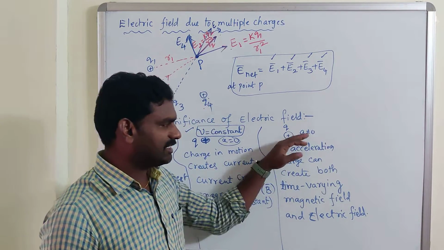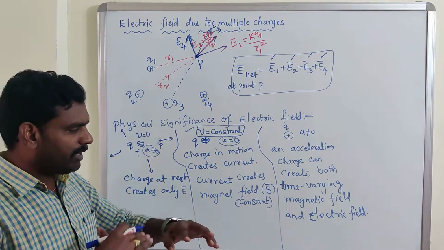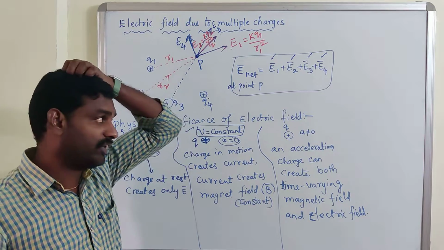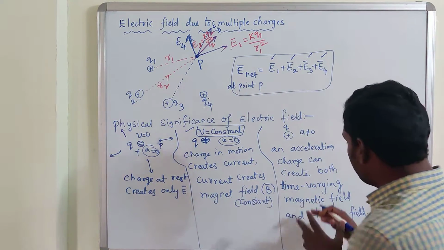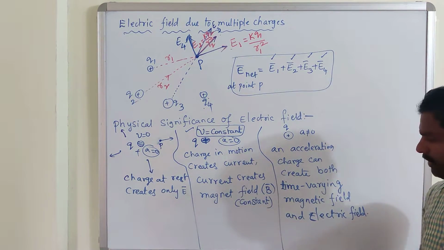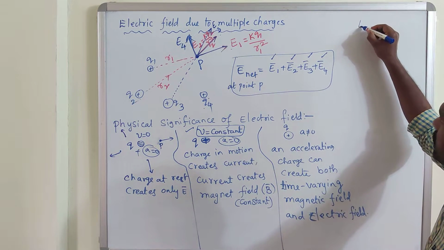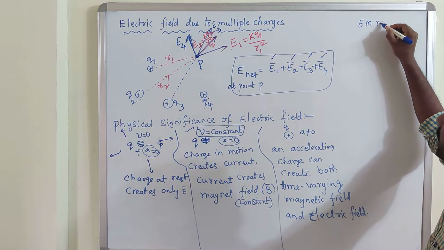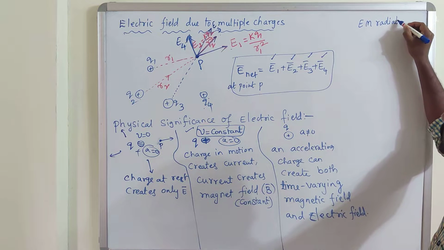ఏంటిది? An accelerated charge. Time varying magnetic field and time varying electric field is nothing but it is a combination of time varying magnetic field and time varying electric field. That is nothing but electromagnetic radiation ni create చేస్తుంది.